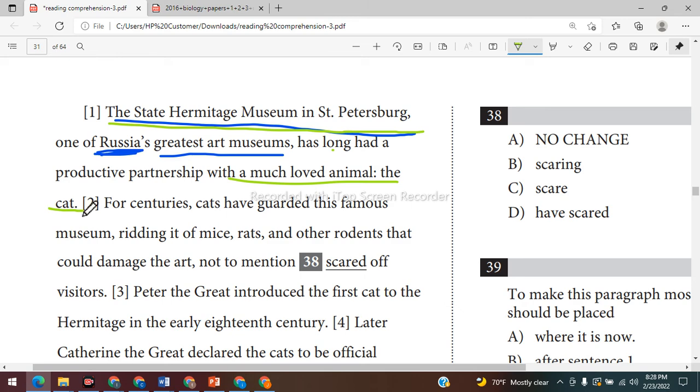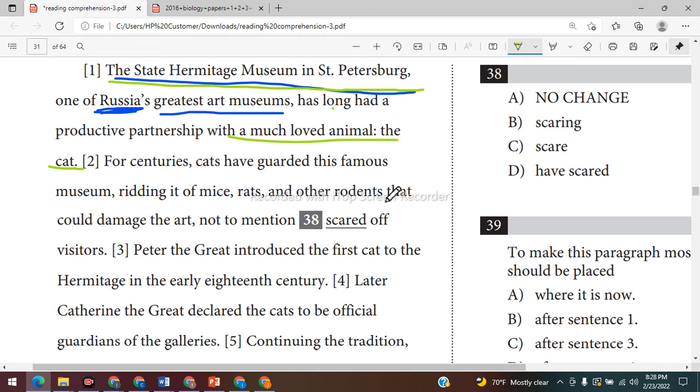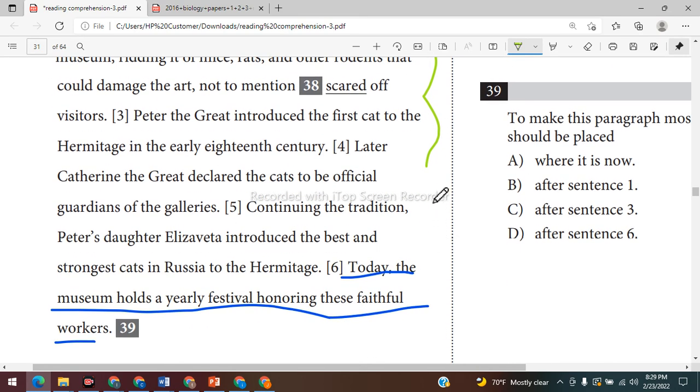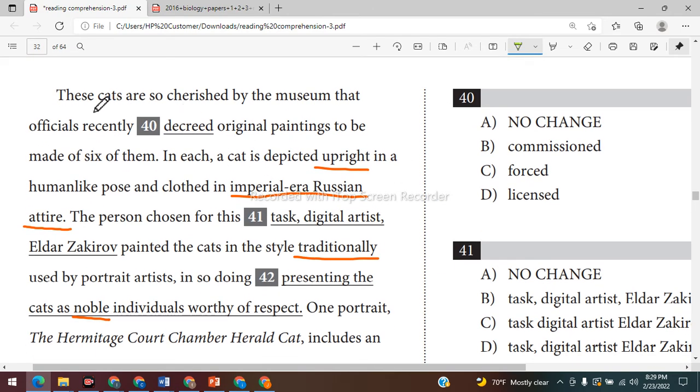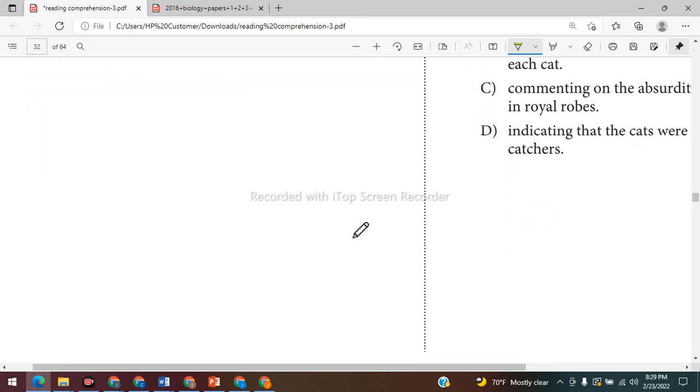So it still continues today. They give some history on how this tradition got started, how Peter the Great first started it, and then his successors continued the tradition of making these cats known. Today it's still happening, and the cats are very cherished by the museum. The cats are venerated. They are honored and given respect, as you can see. And the task of these cats is to do what?